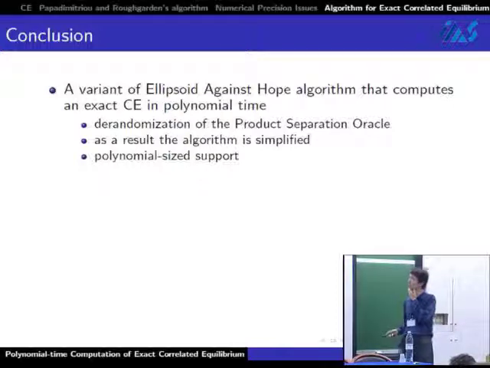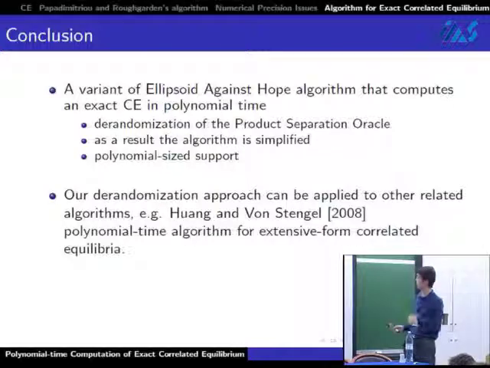One future direction is to look at this as a general method, this kind of ellipsoid against hope method, for making certain proofs more constructive. One example is Huang and Von Stengel's paper on a polynomial algorithm for a related concept, extensive form correlated equilibrium.